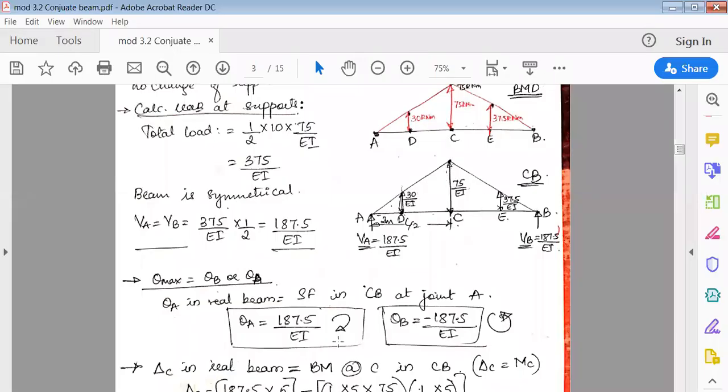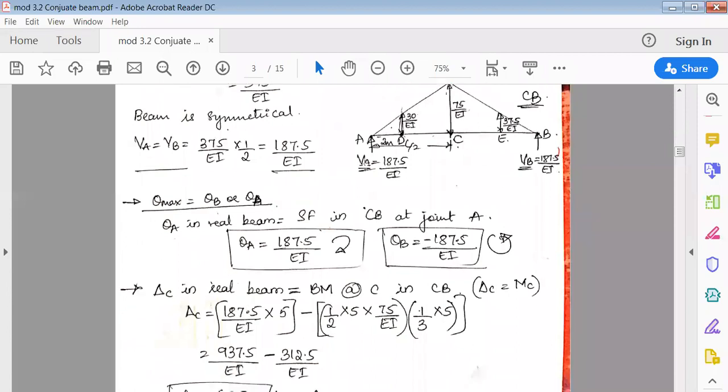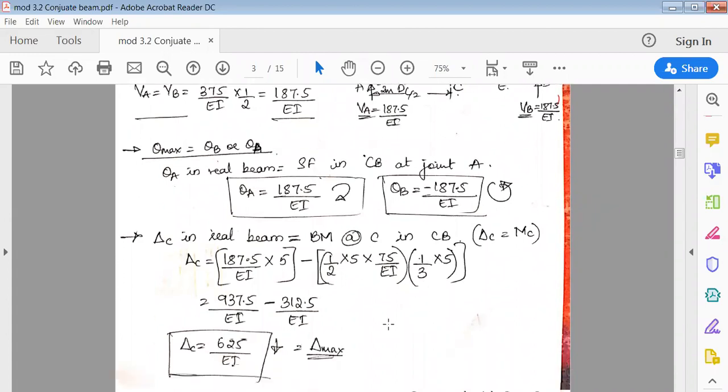So 187.5 into this distance, and the area of this into the CG distance. When you solve this, again, be careful with the signs: clockwise positive, anti-clockwise negative.